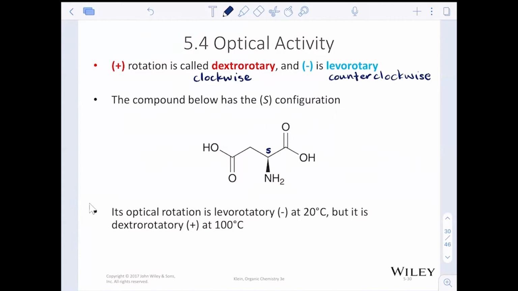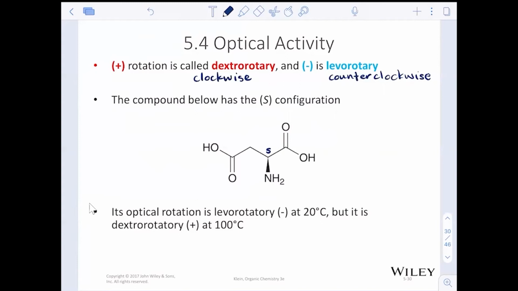So there's no correlation between R and S and positive and negative. So do not assume that. This one's a unique compound because its optical rotation is negative at 20 degrees, but it's positive at 100. So do not correlate R and S with positives or negatives. You actually have to go into the lab to view optical activity.